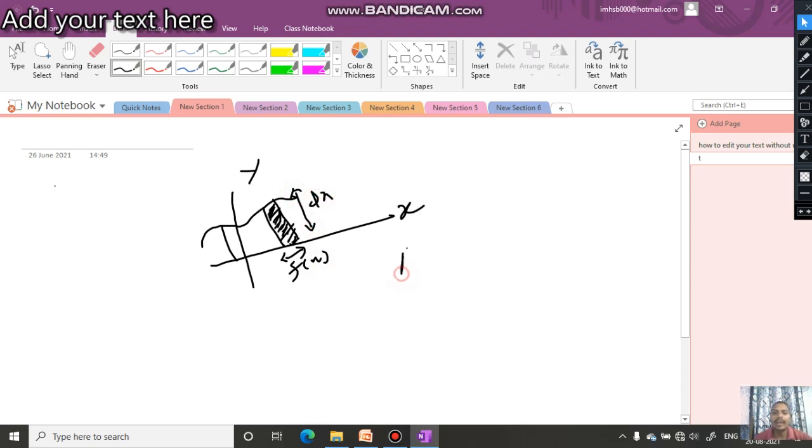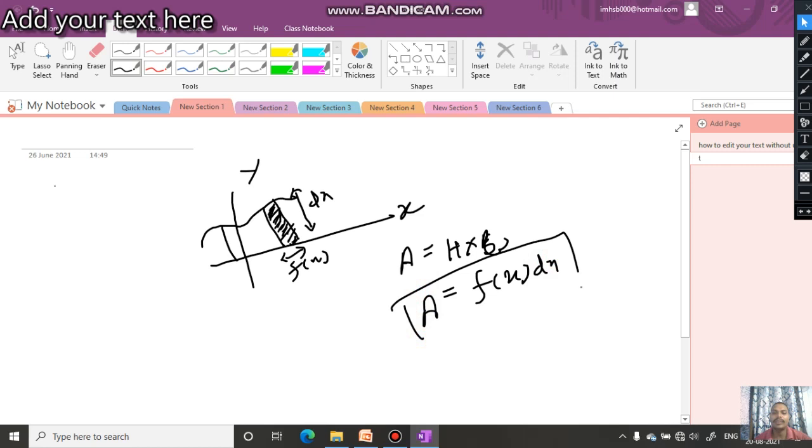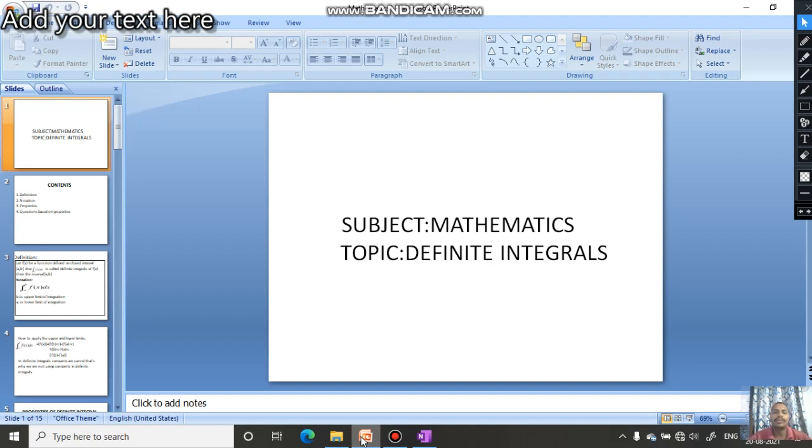So we know that area is equal to height into width. So I simply apply the formula of area, f of x into d of x. So this is the area of this function. That's why we are going to discuss definite integrals.